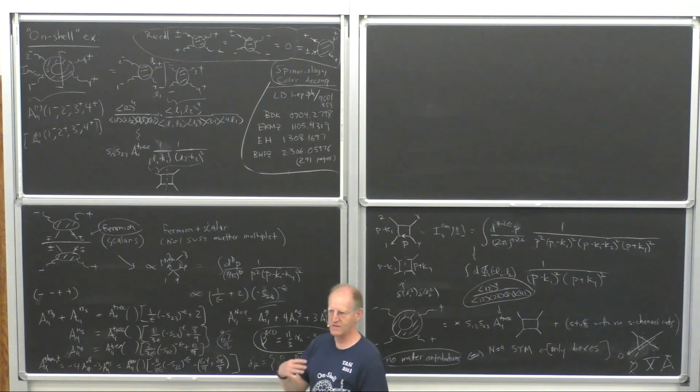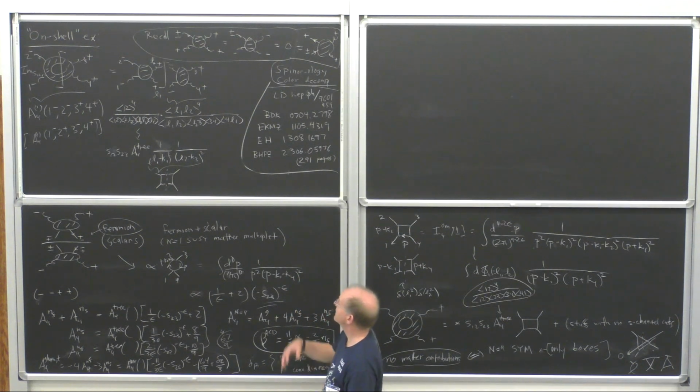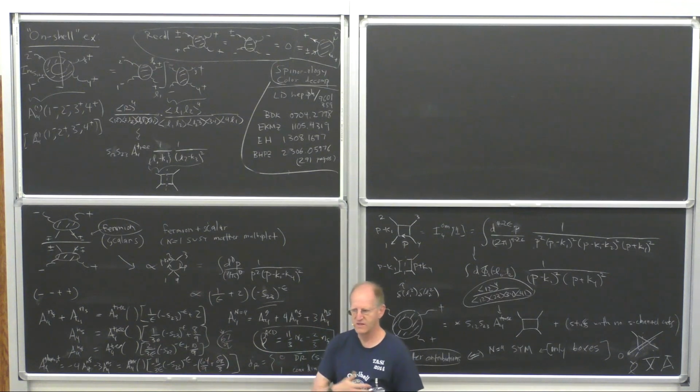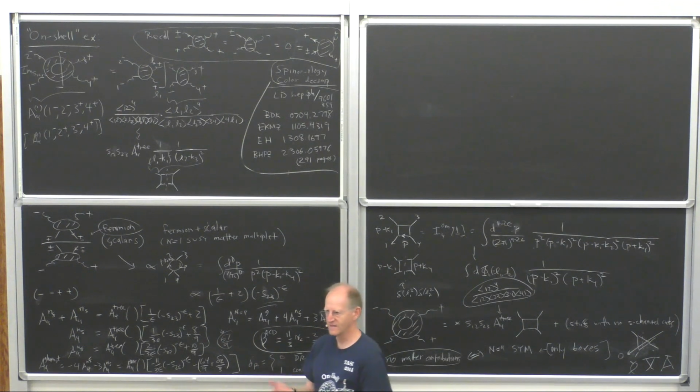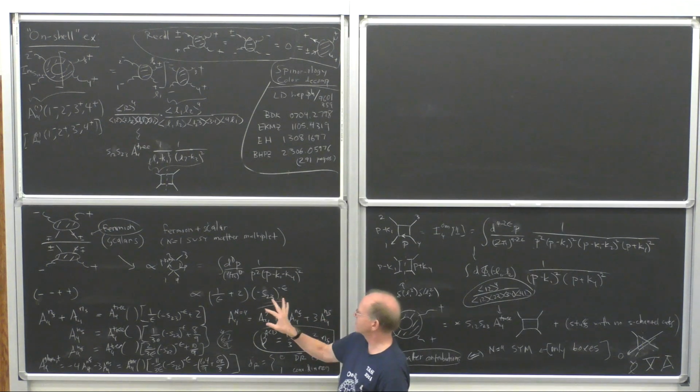There was one thing I didn't point out. You might know that the strategy of getting a full answer from the imaginary part sometimes goes under the name of dispersion relations. And there can be needs to do subtractions, and the dispersion relation might not be completely enough information. The same thing is sort of true here.